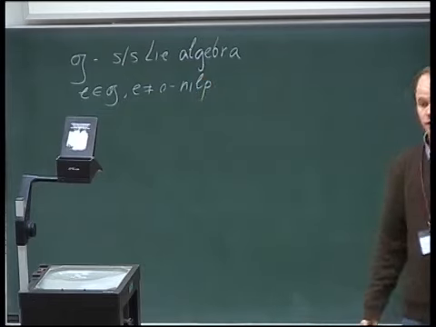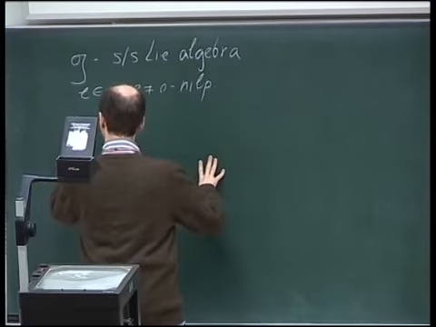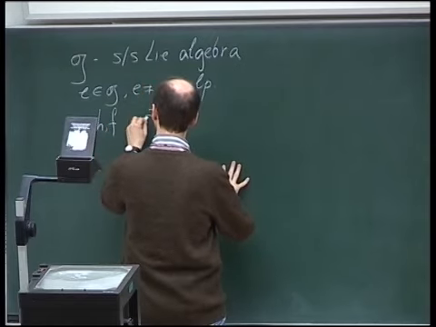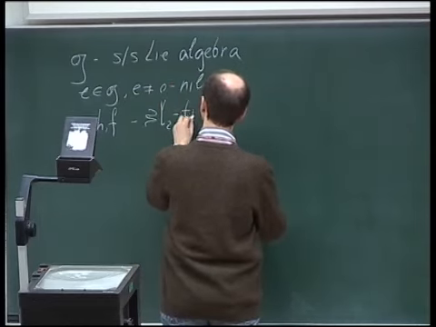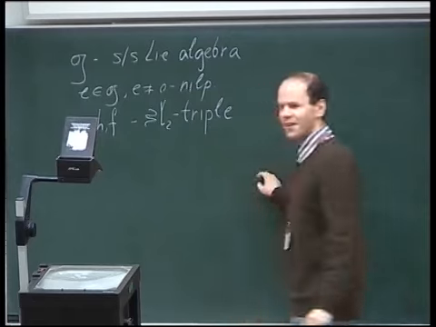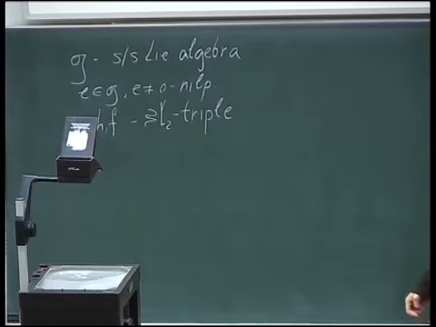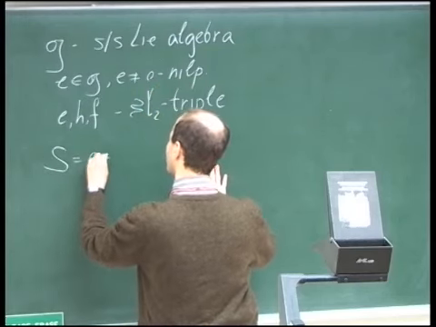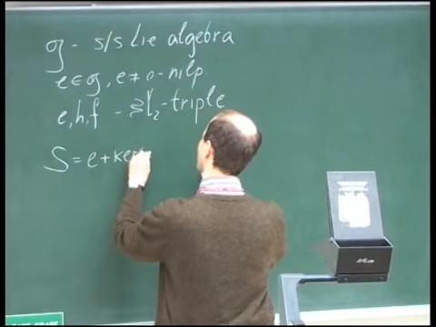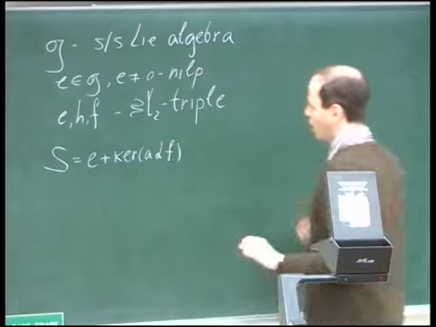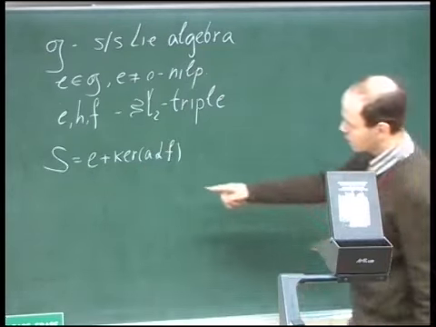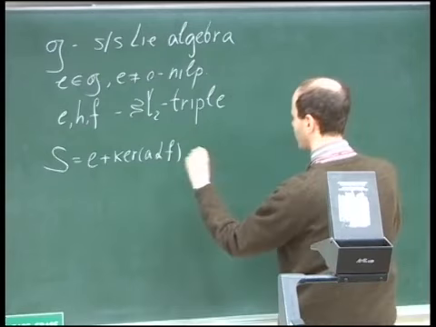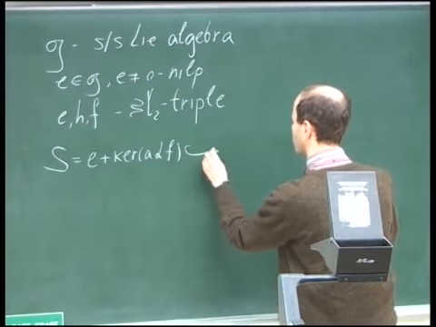This important element gives rise to an SL2 triple, which gives rise to the Losev slice. However, I don't want to consider the Losev slice as a subvariety in G. I want it as a subvariety in G dual. So this is embedded into G dual.